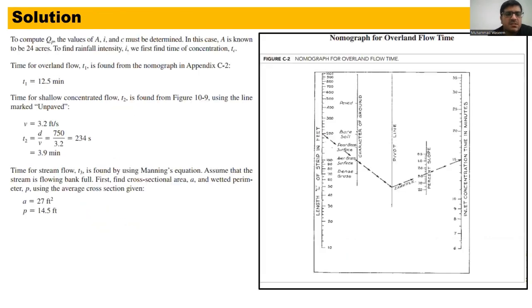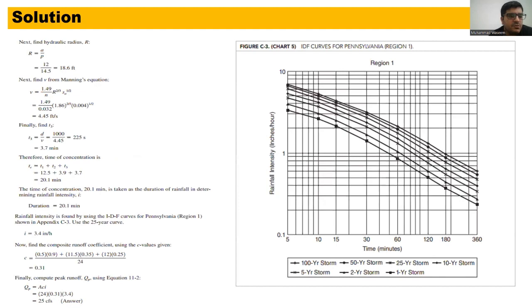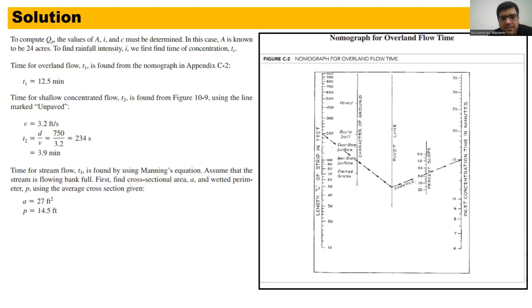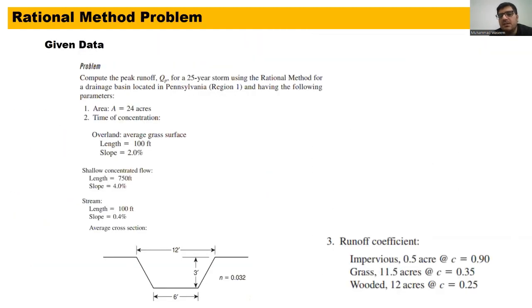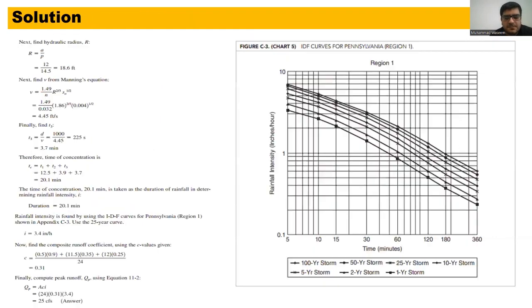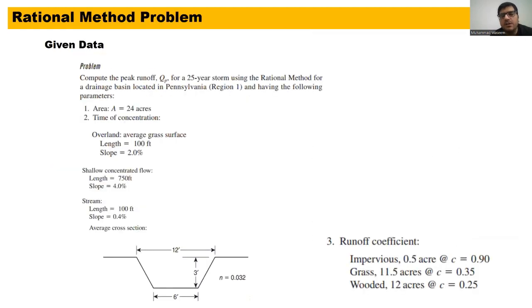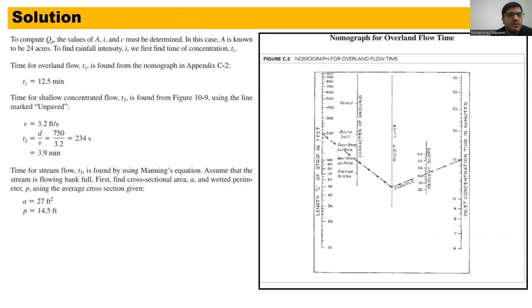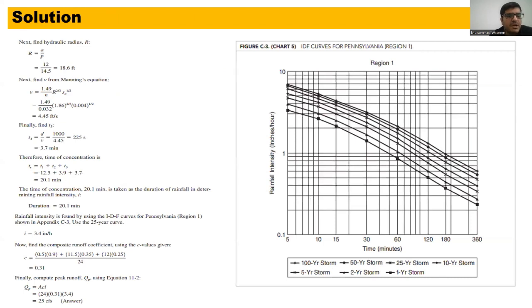So we found a composite C value: 0.5 times 0.9, where 0.5 was the area of impervious land and 0.9 its C, plus 11.5 times 0.35, where 11.5 was the area of the grass and 0.35 its C value, and similarly 12 acres and 0.25. We divided by the total of 24 acres and found the composite C value.